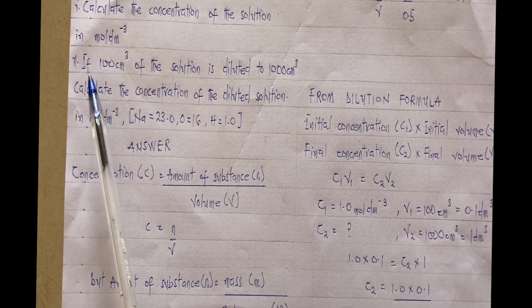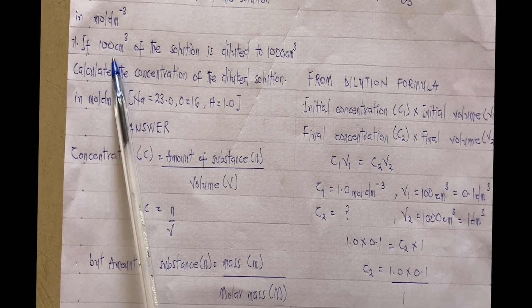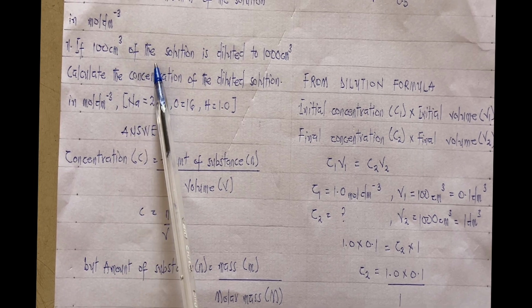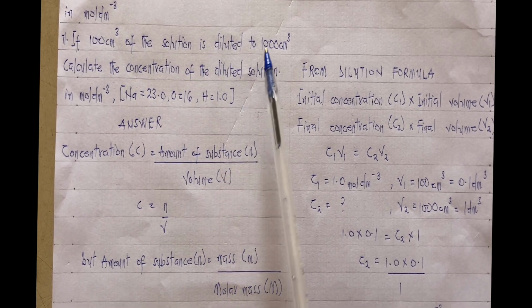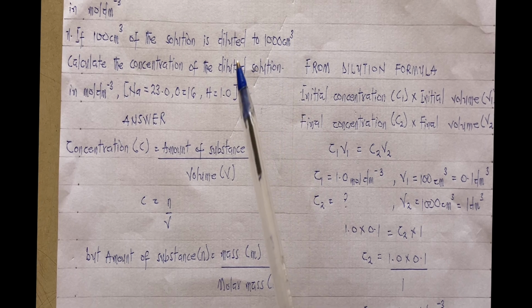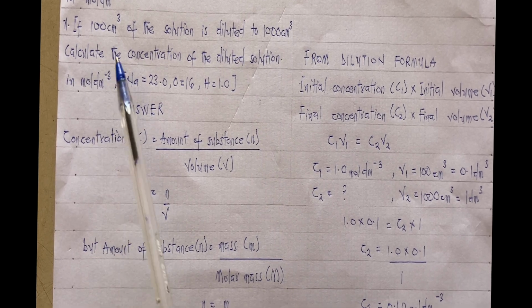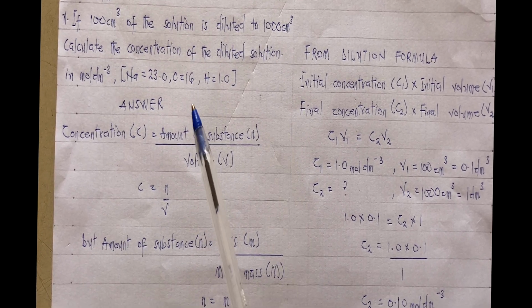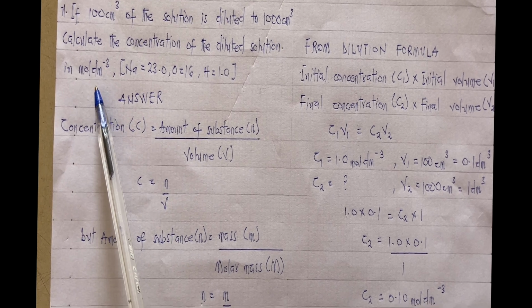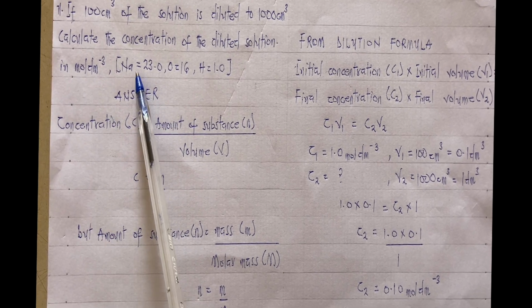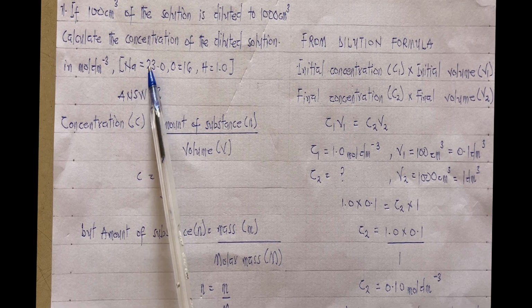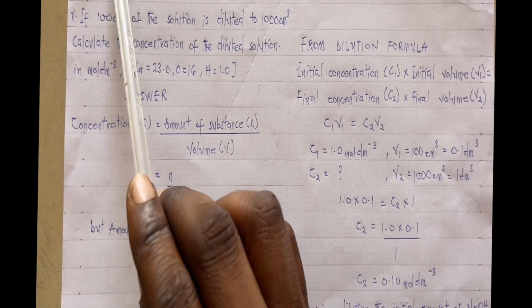And if 100 cm cube of the solution is diluted to 1000 cm cube, calculate the concentration of the diluted solution in mole per dm cube. And we have been given the relative atomic masses of the compound we have.